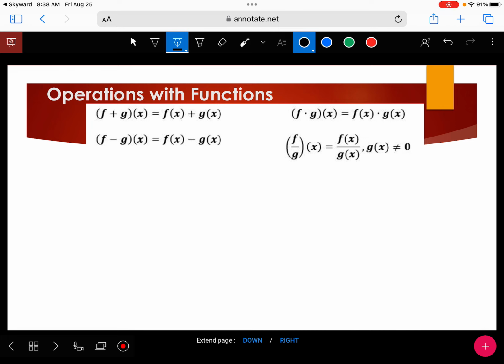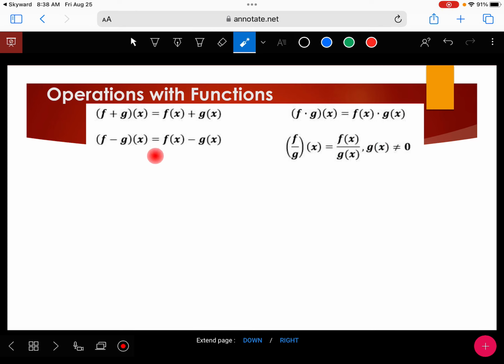And you don't need to copy this down here because this is pretty much things you know. So if you see a plus sign, we know that that's adding. If you see a minus sign, that means we're subtracting. If you see a multiplication sign between the two functions, that means we're multiplying them. And division.